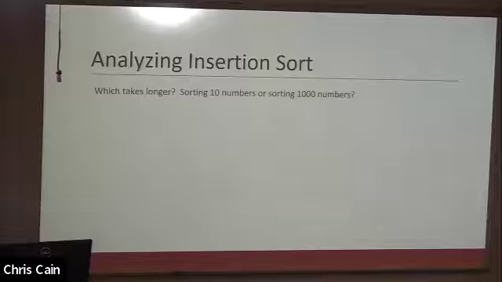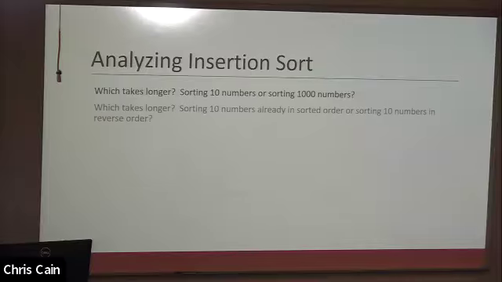A lot of this we've actually talked about in class already, but of course it takes a lot longer to sort 1,000 numbers than 10 numbers. So this is why we care about the order or the complexity of that. We've also talked about the underlying data representation. So sorting 10 numbers that are already in sorted order is sometimes faster than sorting 10 numbers that are sorted in reverse order.